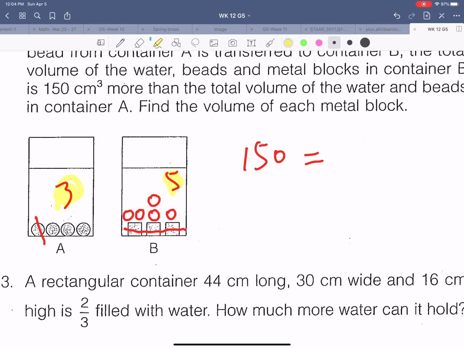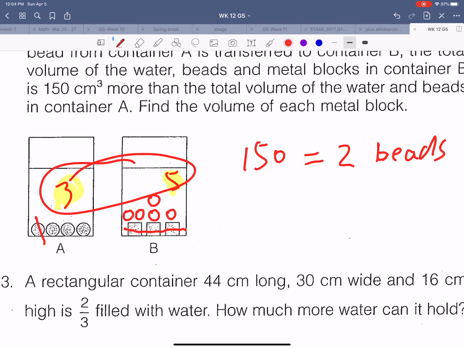B has 5 beads. It's saying 2 more beads. 5 minus 3 is going to be 2 more beads. 2 beads is 150. Okay, this is what is given. So the difference between the two containers, the first one has 3 beads, the second one has 5 beads. So the second one has 2 more beads, which is 150 centimeters cubed.